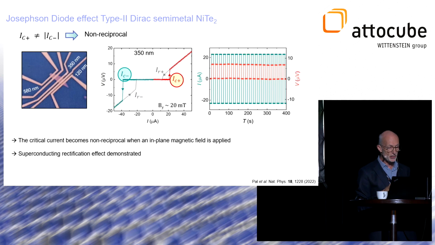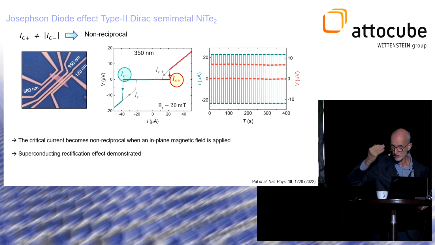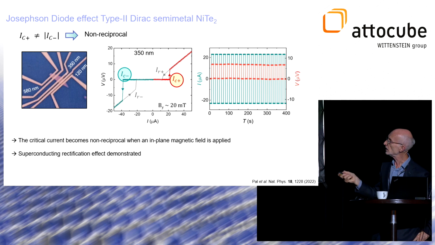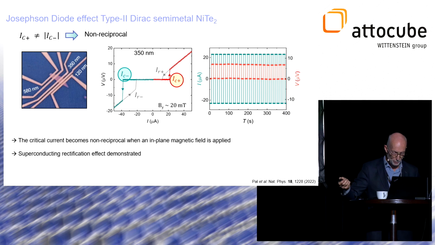However, in the presence of a small magnetic field, 20 millitesla, which has to be applied not parallel but perpendicular to the supercurrent, you can see here that the critical supercurrent density for current flowing to the right is 40% smaller than that flowing to the left. So it's a giant effect, and this is at 20 millikelvin. But if we have a smaller spacing, then the effect can be up to 80%.